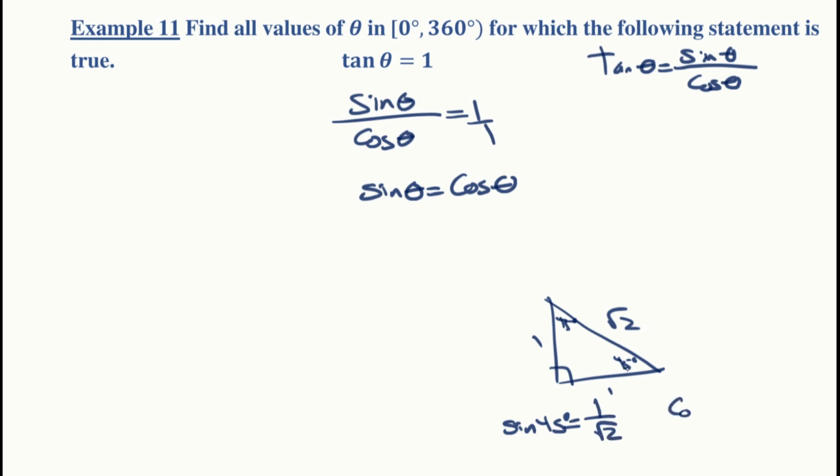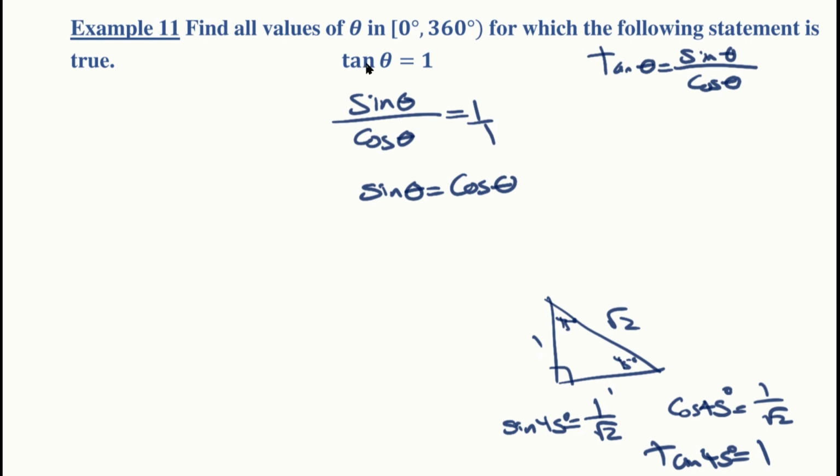And what is the cosine of that 45-degree angle? It's going to be adjacent over hypotenuse, so that's also 1 over square root of 2. And what is the tangent of that 45-degree angle going to be? Opposite over adjacent, 1 over 1, so it's 1.